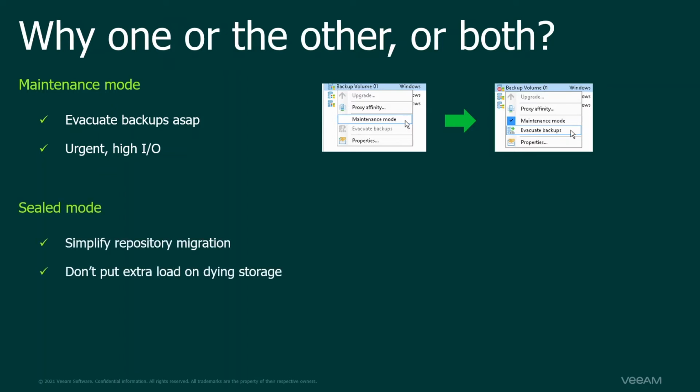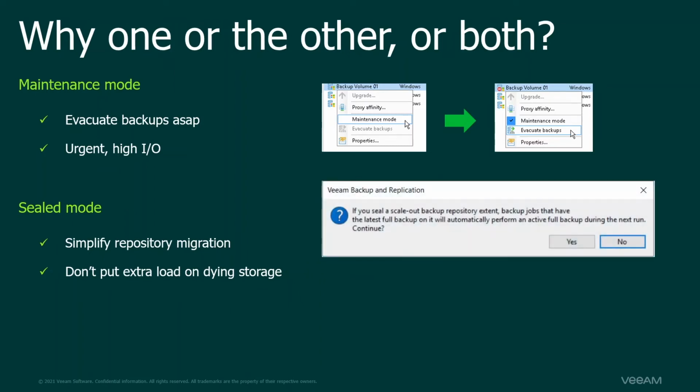With sealed mode you can simplify repository migration. You don't put extra load on storage that perhaps is dying, so that is slow or has an underlying issue, because you just leave the backups there until they age out.